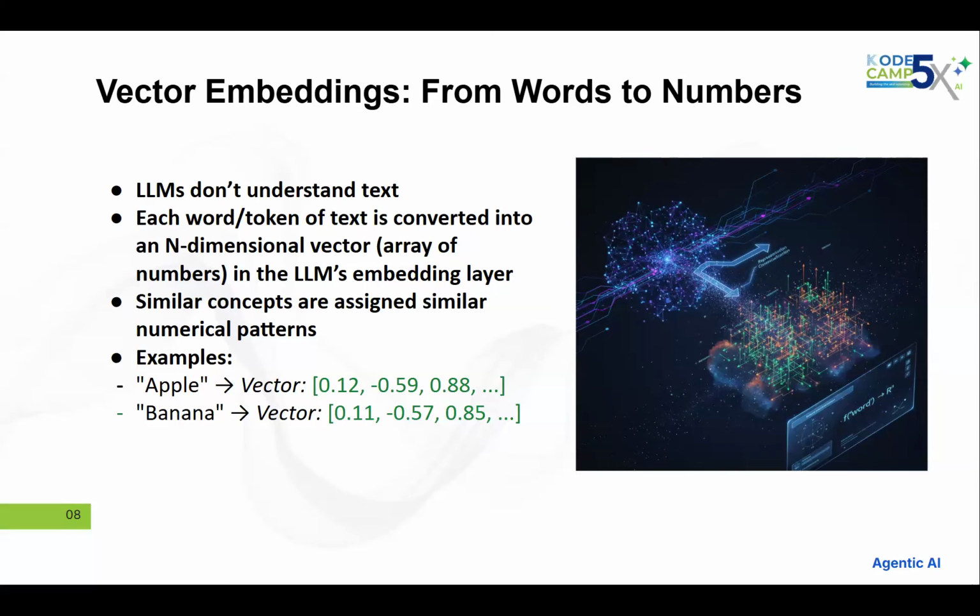So each token is converted into an array of numbers, and this is done in the LLM's embedding layer. It's these arrays of numbers that the LLM processes to predict the next token of its output.